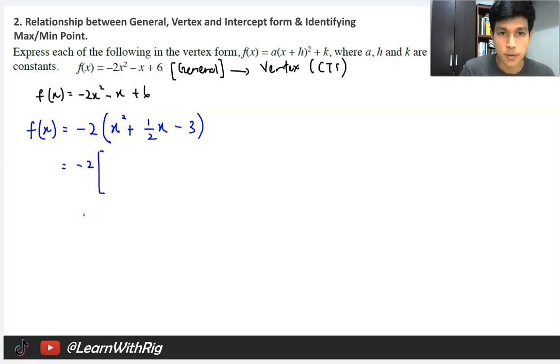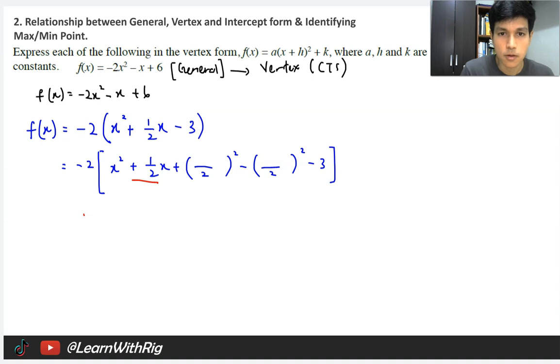So the bracket here, you're going to do completing the square. So x squared, rewrite, plus 1 over 2x plus bracket square minus bracket square minus 3. In the bracket, you're going to have a fraction. Divide by 2, the denominator will be 2. So what about the top number? The numerator is going to be this value here, the b value of the equation.